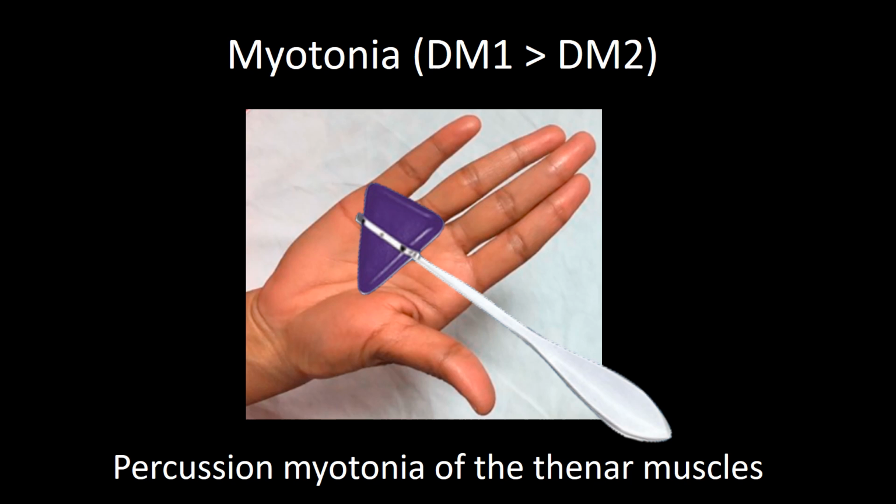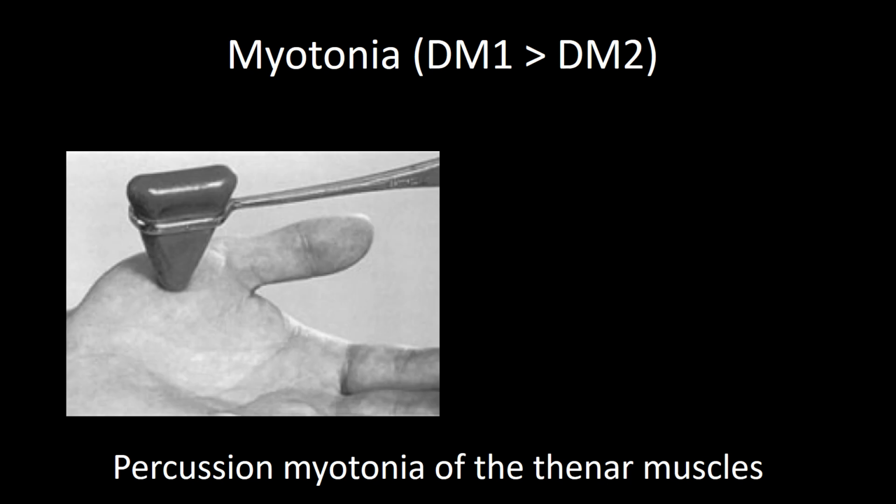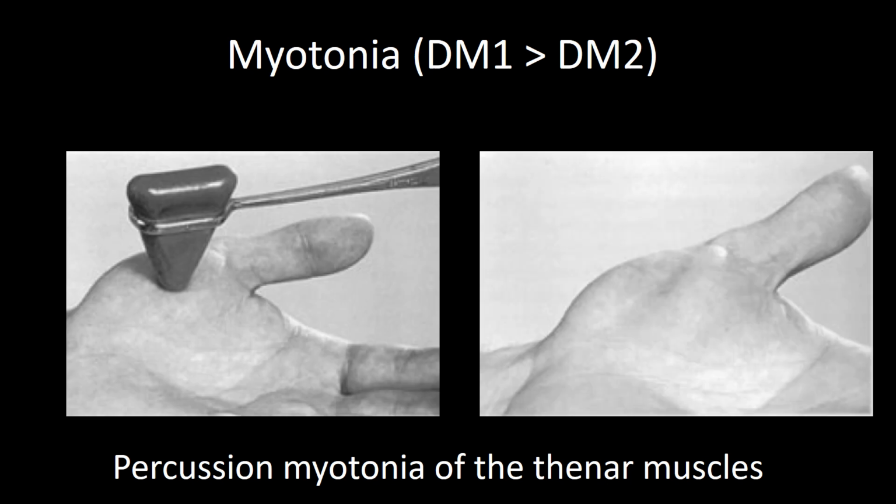If we hit the thinner region, as indicated here, the muscle remains contracted for a while after the hit. This is called myotonia. Myotonia can also be triggered by a more gentle hit, in which case myotonia is limited to a few muscle fibers, as you can see in this frame.